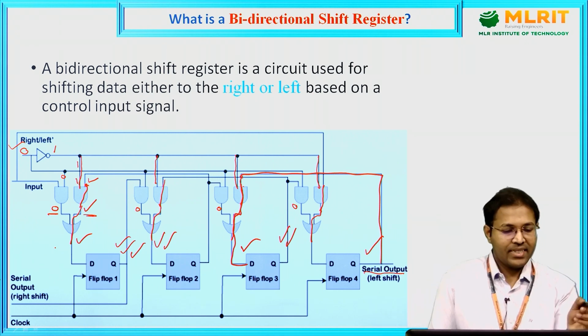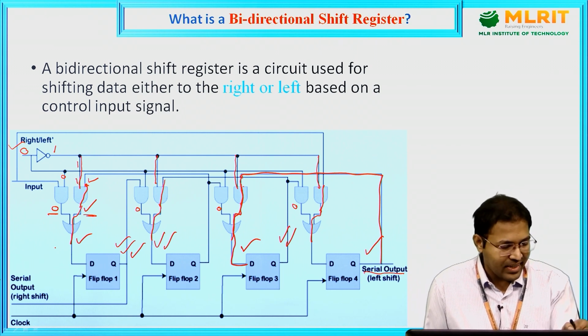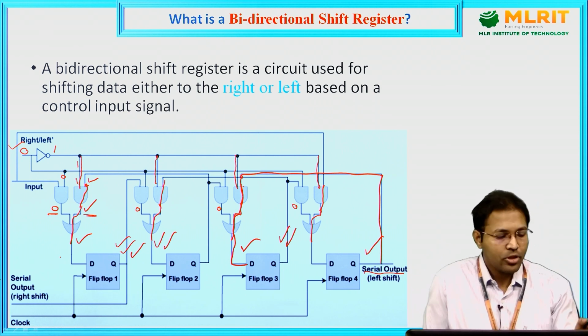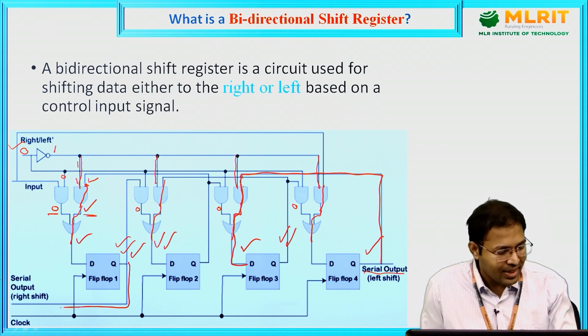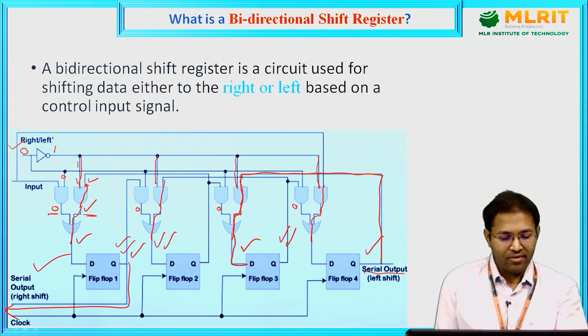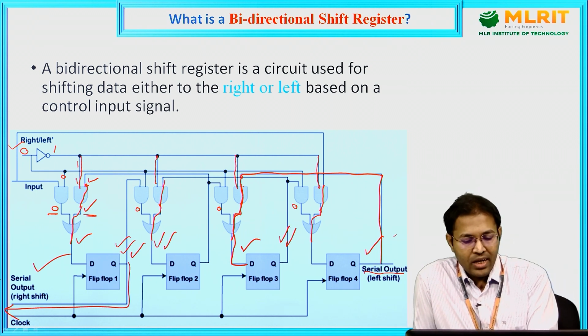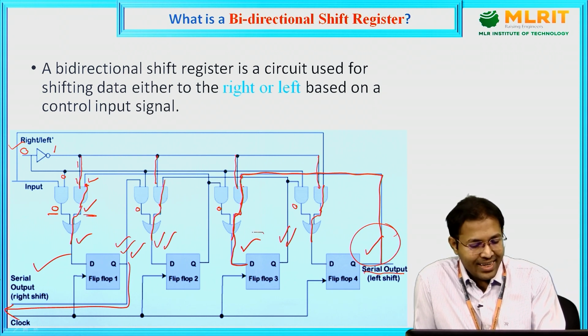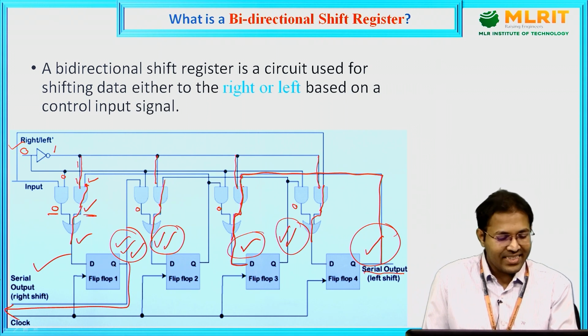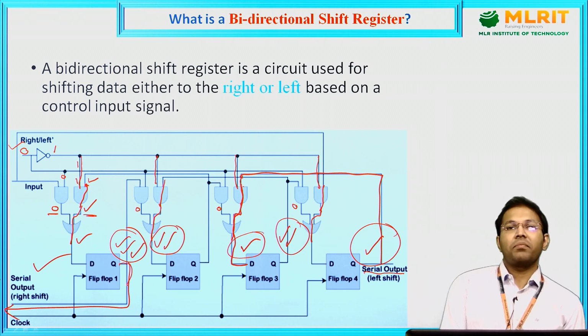But in this case, what happens? In this case, there is no previous stage. This is the flip-flop, right? The output goes out of this particular flip-flop because there is no previous stage. This output, there is no previous flip-flop, and that is the reason it is simply output from this shift register.